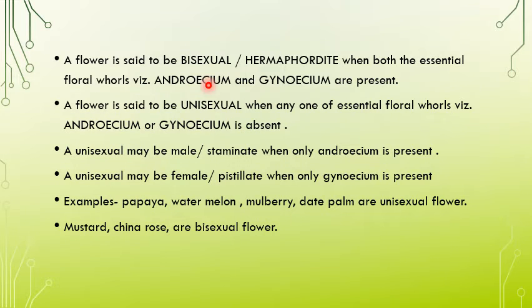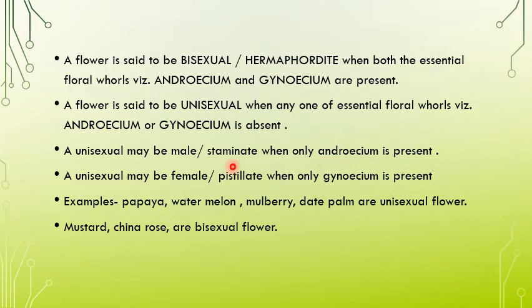A flower is said to be bisexual or hermaphrodite when both the essential whorls, that is androecium and gynoecium, are present. A flower is said to be unisexual when any one of the essential whorls, androecium or gynoecium, is absent. A unisexual flower may be male or staminate when only the androecium is present.